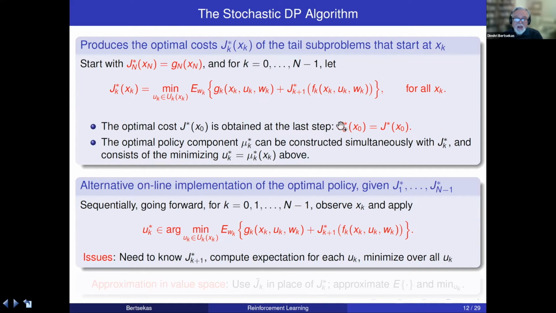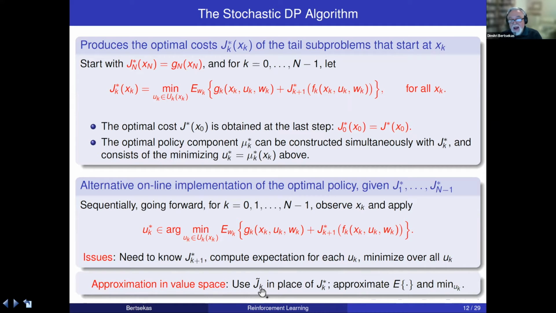u_k. So in reinforcement learning, we try to bypass this difficulty by using approximate cost functions instead of the optimal cost functions. And these approximate cost functions can be computed in a number of different ways.